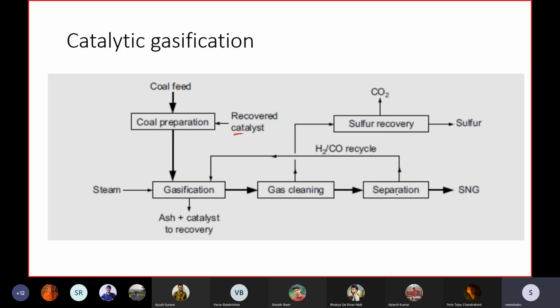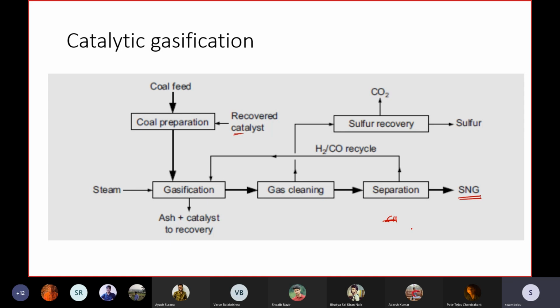After gas cleaning, we have the pure syngas, and this pure syngas is applied as synthetic natural gas. Like natural gas, that is methane, we can oxidize it to produce energy. So we can also oxidize the syngas and produce energy.